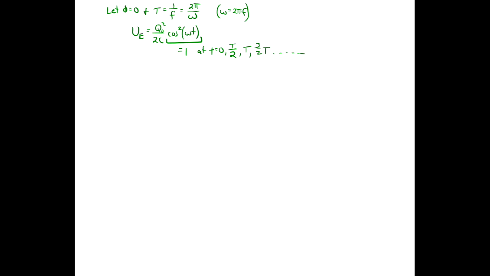You get the idea. And at those points in the cycle, that means we have UE is just equal to Q naught squared over 2C. All the energy is stored in the electric field at those points.